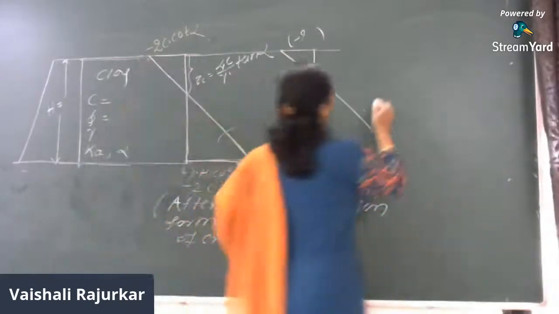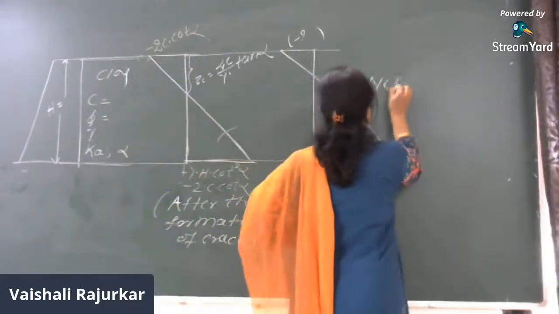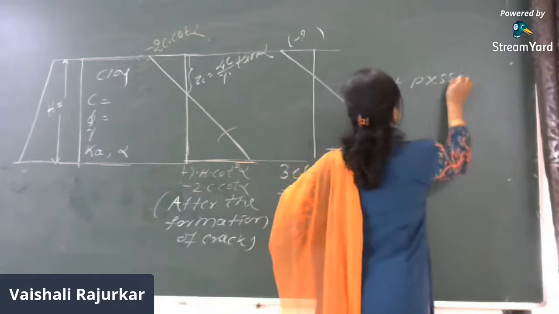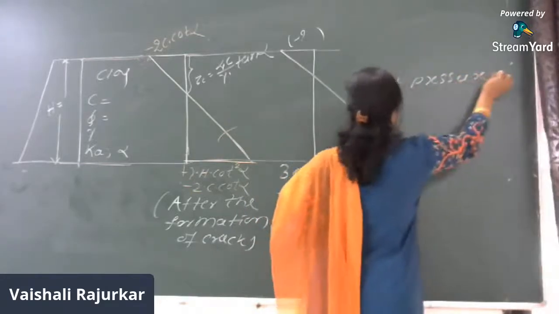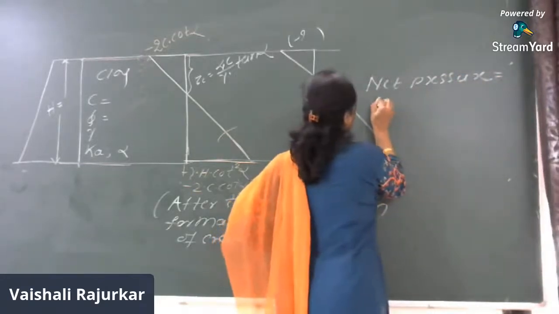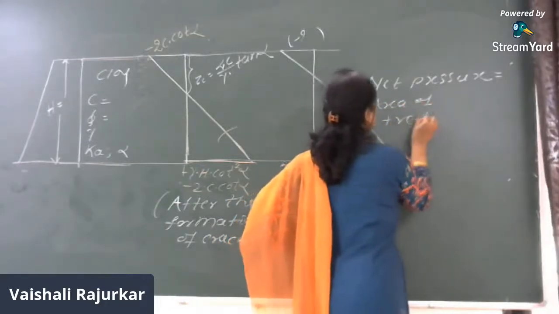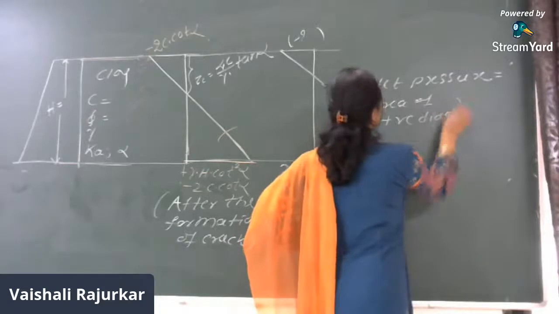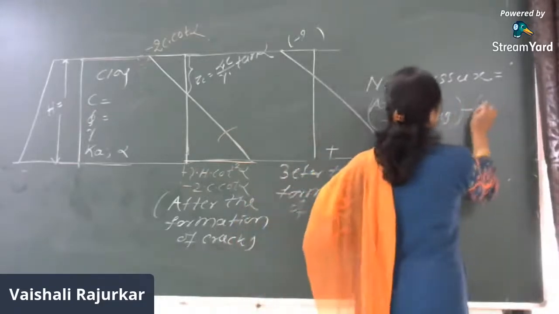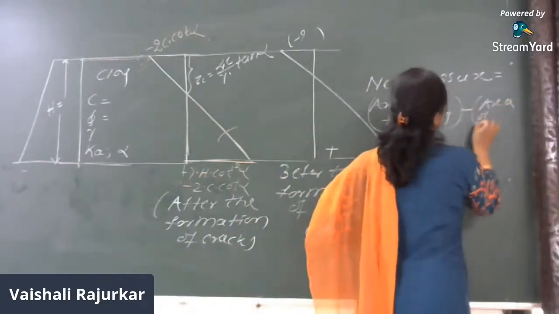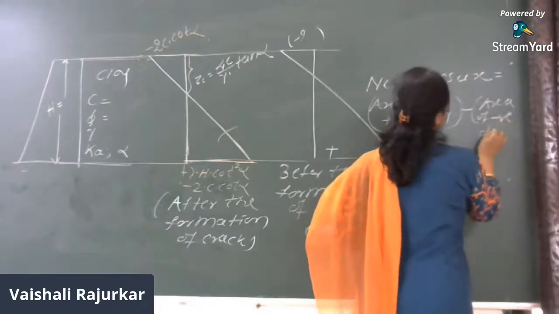So here net pressure is equal to area of positive diagram minus area of negative diagram.